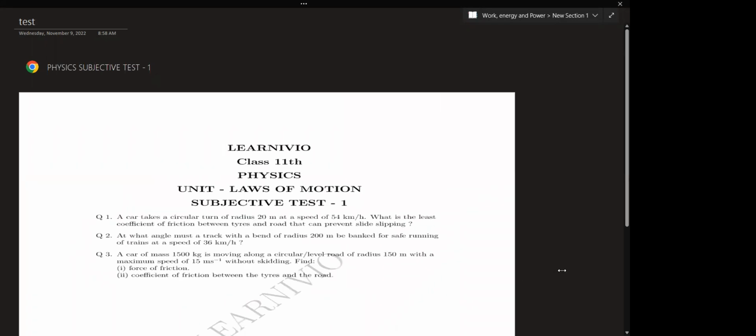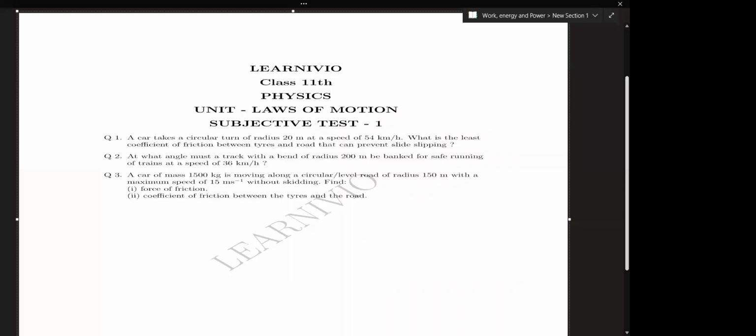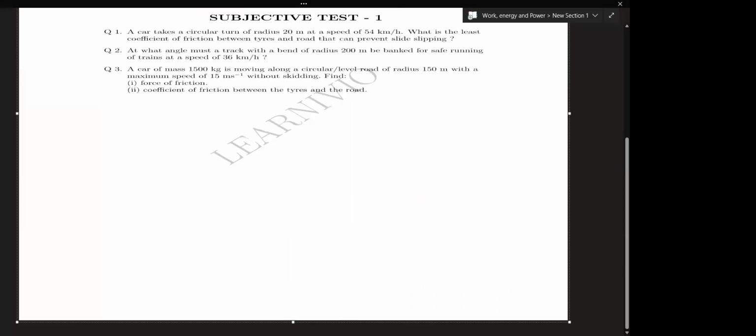You all can start your paper. And on WhatsApp, you all have to upload the PDF of it.